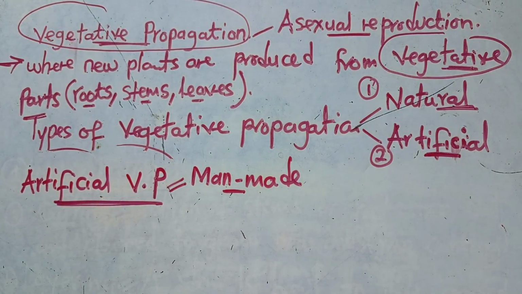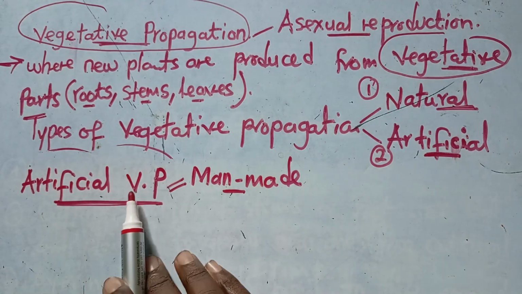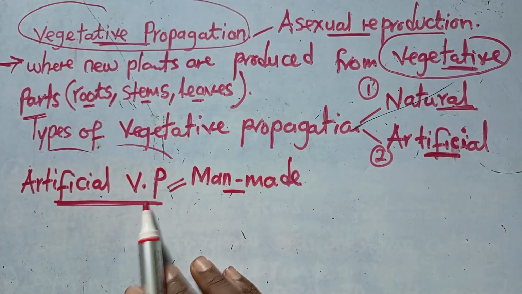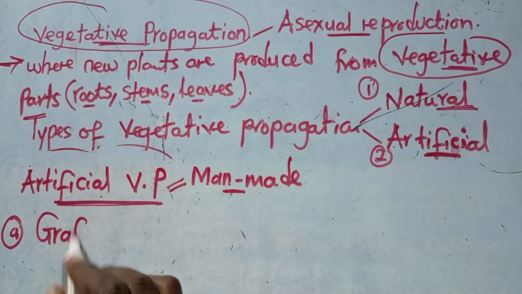When we talk of natural, those ones occur naturally without any help of any person. So the first one that falls under artificial vegetative propagation is what we call grafting.